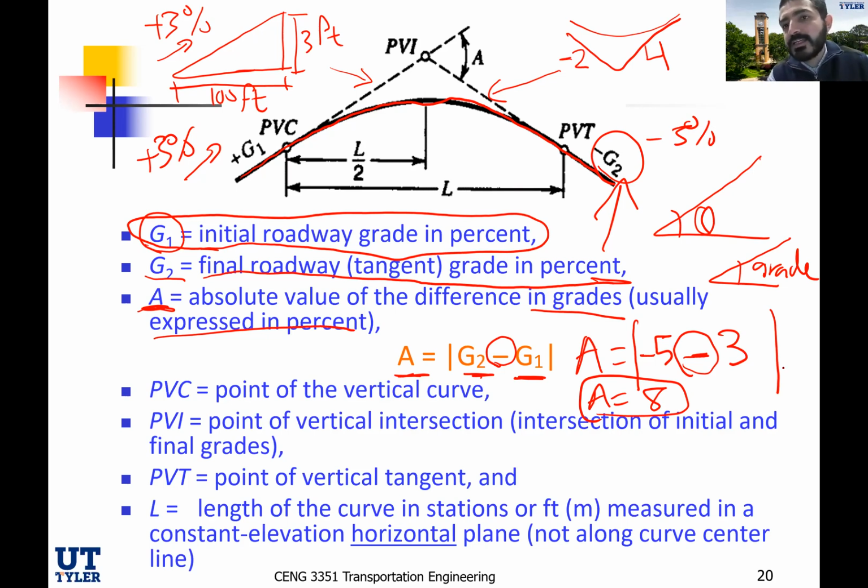A is equal to G2, that's the equation, which is 4, minus, that's part of the equation, and then G1. G1 is negative, minus 2. Therefore, A will be equal to 6.